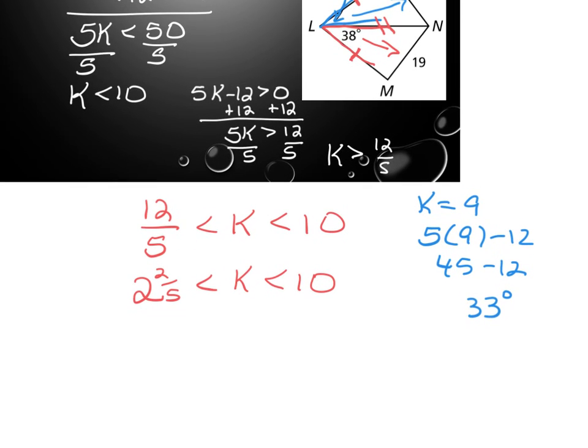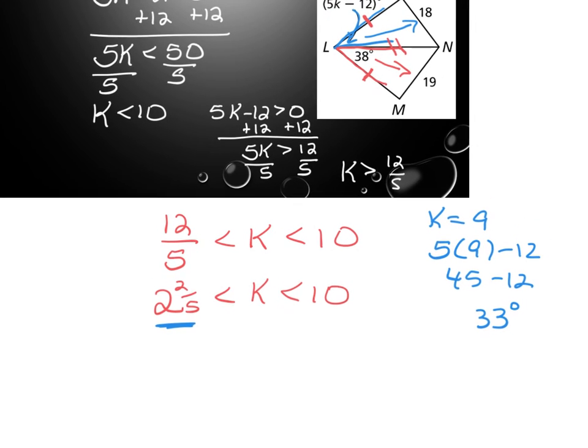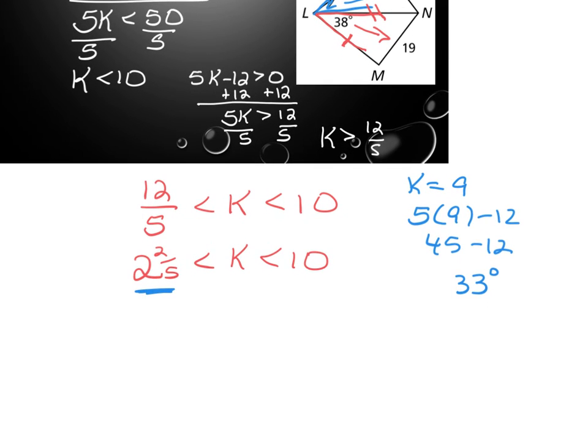However, let's say I plug in a number close to the one I got when I set it equal to 0. Let's say I plug in K equals 3. Then 5 times 3 minus 12, 15 minus 12, and then I get 3 degrees.